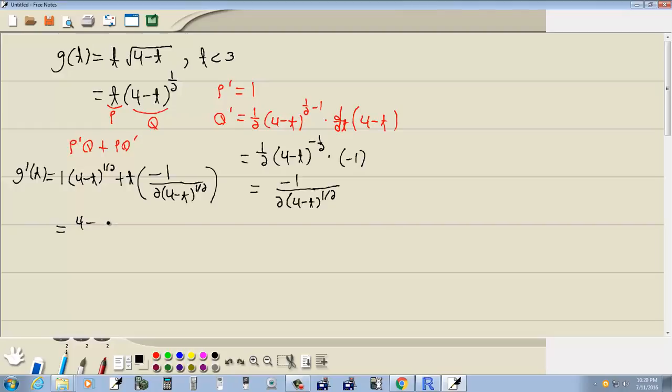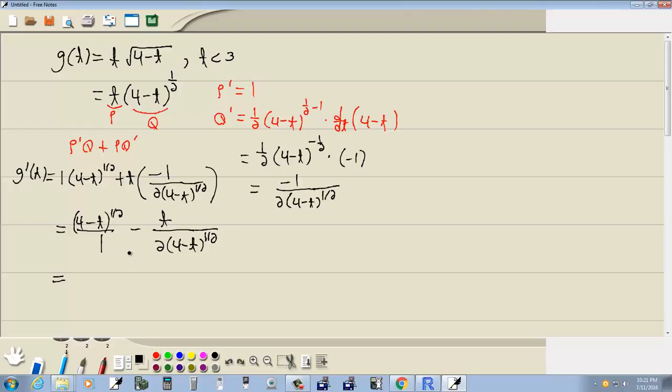That's going to give us 4 minus t to the 1/2 power over 1, minus, I'll put the minus out in front, t up on top, and then 2 over 4 minus t to the 1/2 power. The reason why I put this over 1 is because if we're going to have fractions, we need to have a single fraction. And if you're going to add or subtract fractions, they both should be fractions. That's why I had to put it over 1.